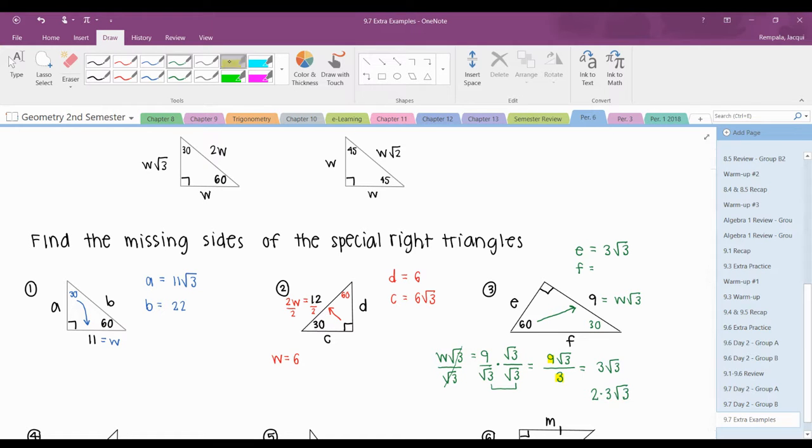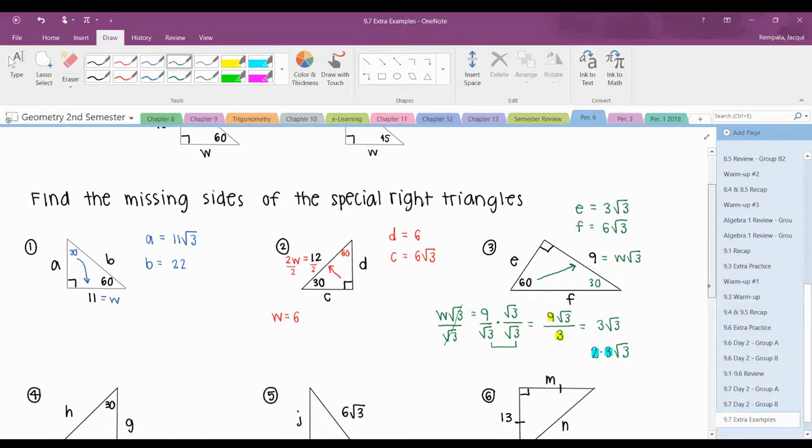Now remember, when you multiply, because the 2 is not underneath the square root, it gets multiplied by the number that is not underneath the square root. So the 2 and the 3 on the outside get multiplied together, which is 6, and then the square root of 3 would stay as it is. So there are my 2 answers for that triangle.